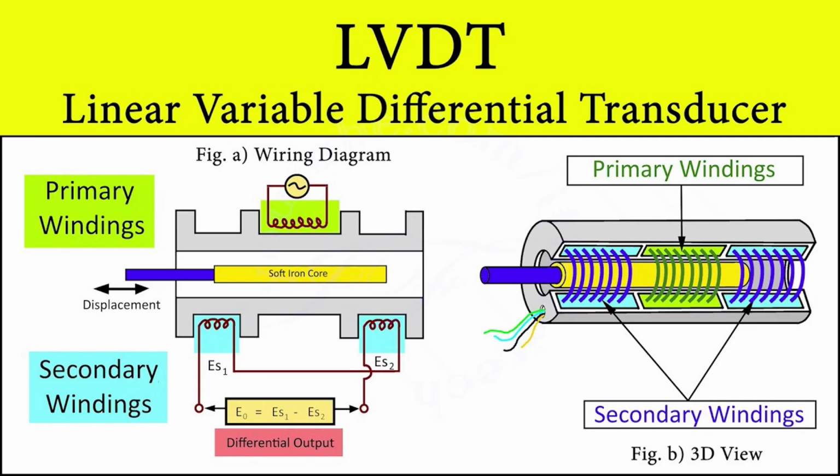For the LVDT, it is to measure the distance, and it consists of a primary winding and secondary windings. The primary winding produces the AC magnetic field, and the secondary windings receive the magnetic field. It measures the difference between the first and the second secondary winding to determine the position of the soft iron core.